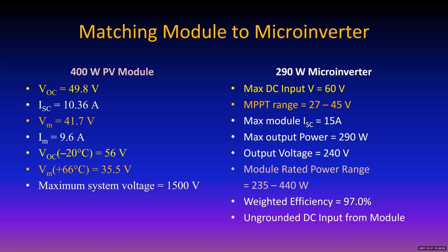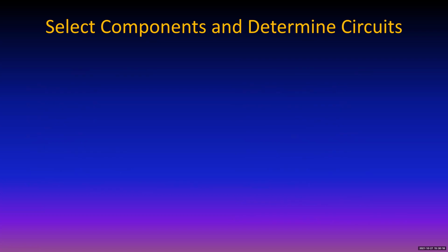And the DC input from the module, neither one of the two leads from the module into the microinverter is grounded. Okay, that's an important thing. That's why the microinverters are transformerless and so light and so efficient, because it's an ungrounded array. That's been going on for a while now, and people were nervous for a while, but they realized this is a very good way of making electricity.